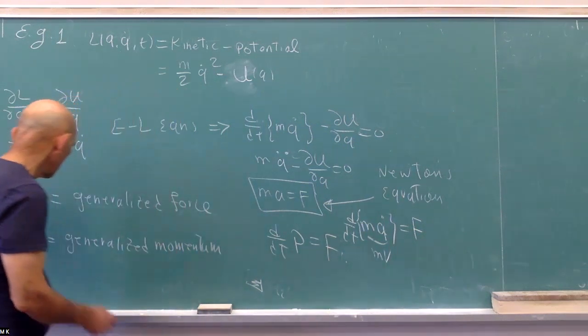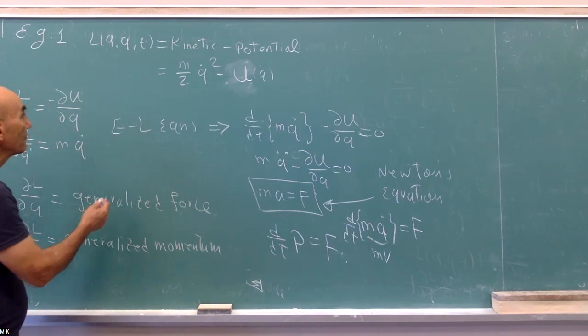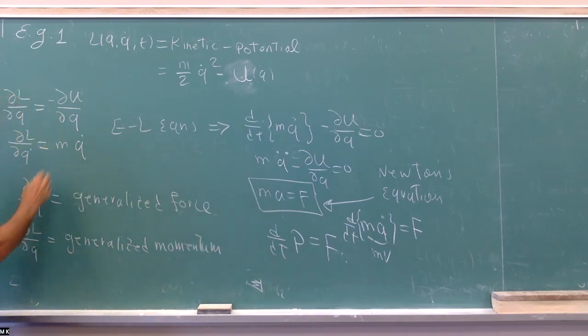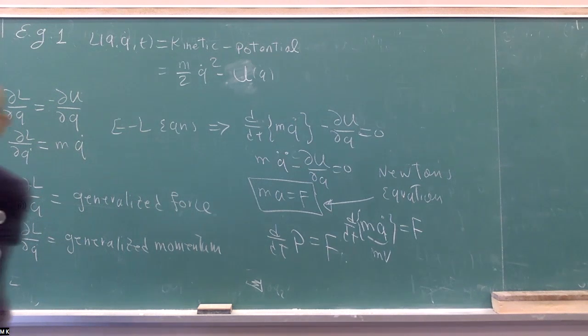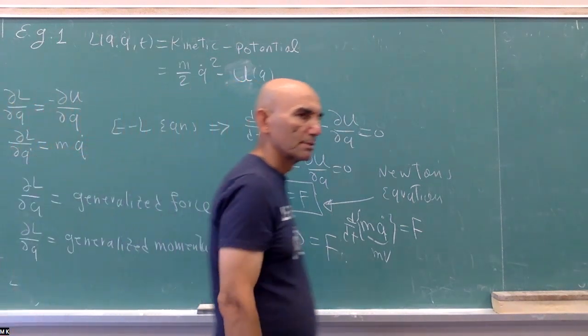So it looks very different at first, this Euler-Lagrange equation, but it's really a generalized form of Newton's equations at the end. Question?